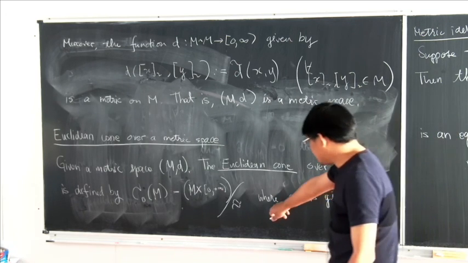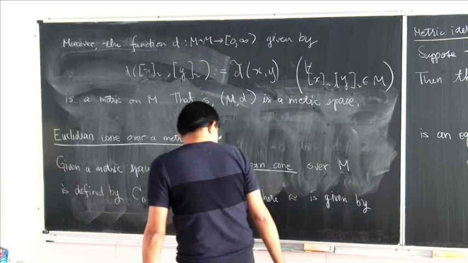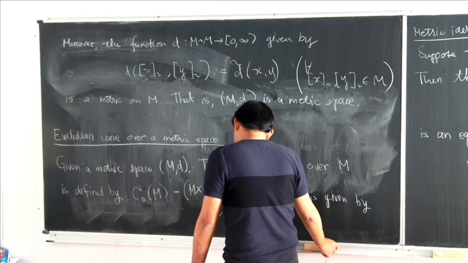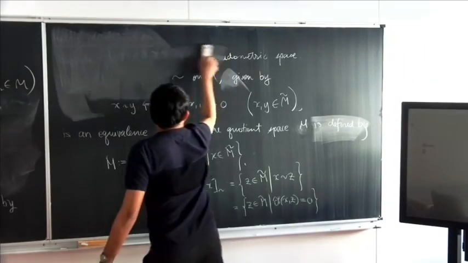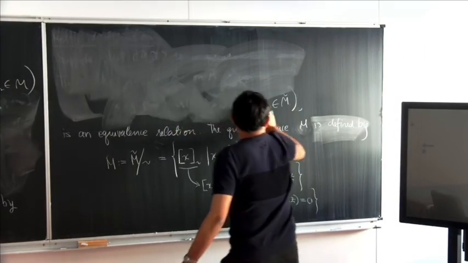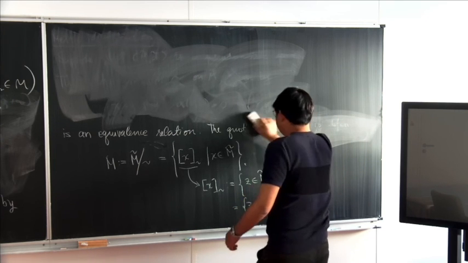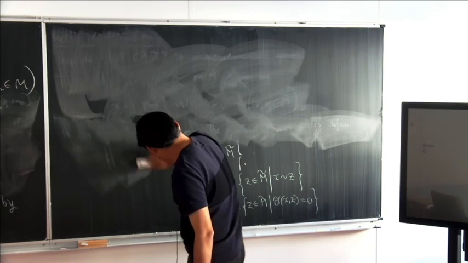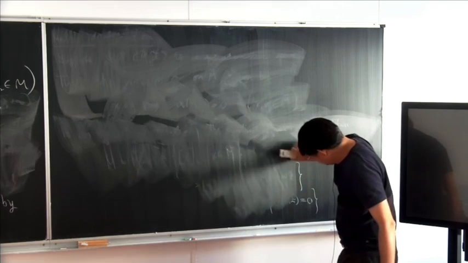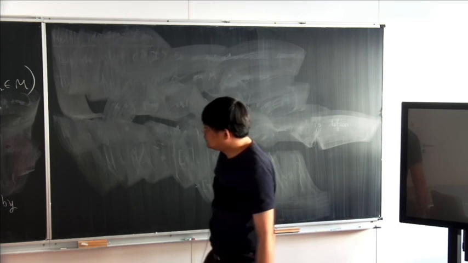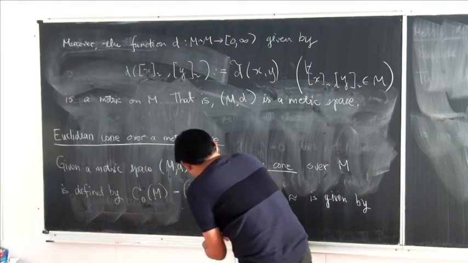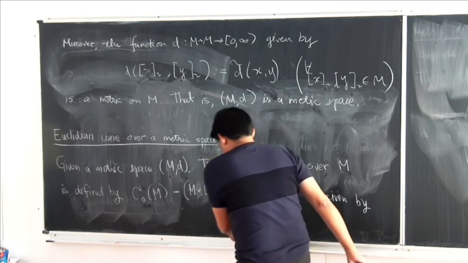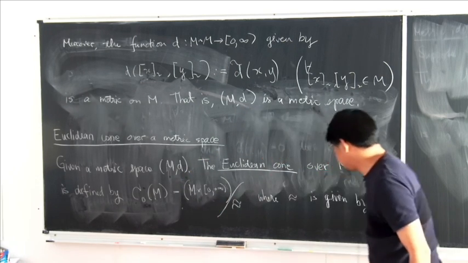So how do we define this double tilde? We define it like this. Okay, the Cartesian product of M and the non-negative reals.